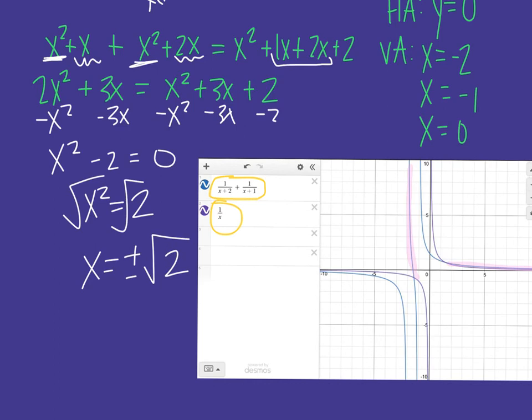That's the only place where it makes sense in this context. And since we know that they intersect each other at plus or minus the square root of 2, this point right here must be x equals the square root of 2. So this is only true from square root of 2 to infinity.